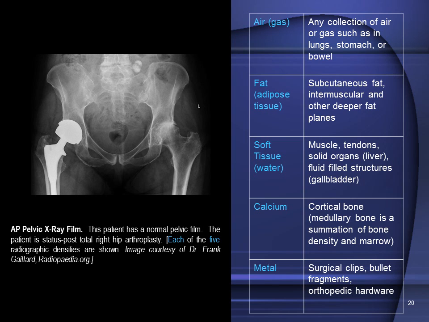In this image, we see all 5 of the radiographic densities. And again, we need to orient ourselves. This is an AP pelvic X-ray film. So it's a plain flat film using an X-ray beam of the pelvis of the patient, in the AP projection, meaning that the emitter is on the anterior side and the detector or the cassette is on the posterior side.